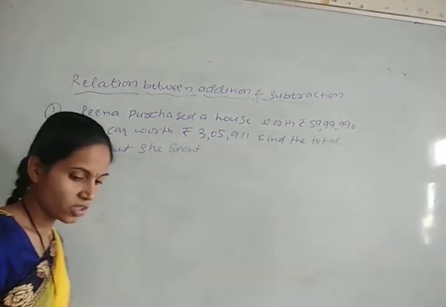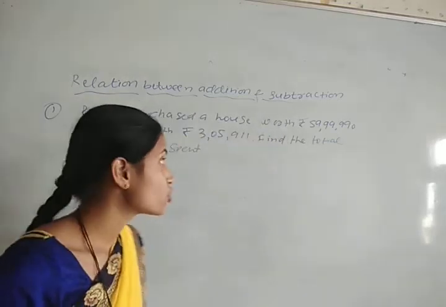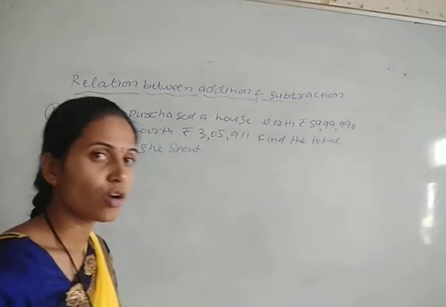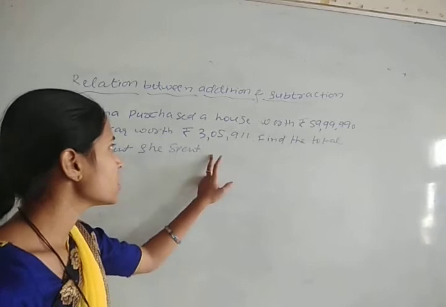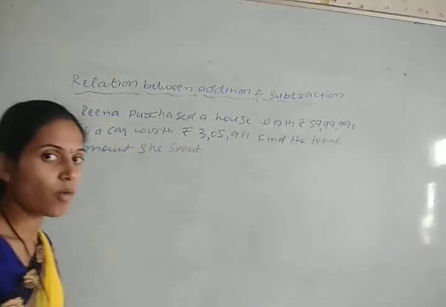This is the question. Reena purchased one house which costs 59,99,990, and she also purchased one car, which is 3,05,911. They are asking you to find the total amount she spent.